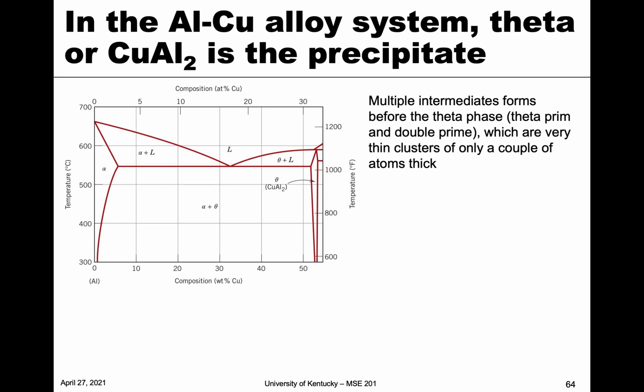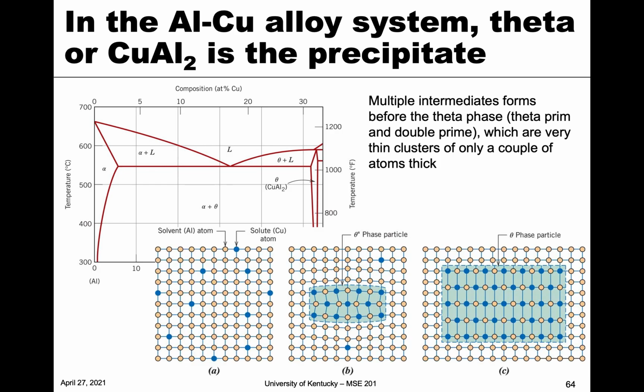And this is what we're going to sort of try to grow. So those are the precipitates. However, there are also other intermediates that form, sort of non-equilibrium phases that can form in the process. So let's look and see what it might look like.